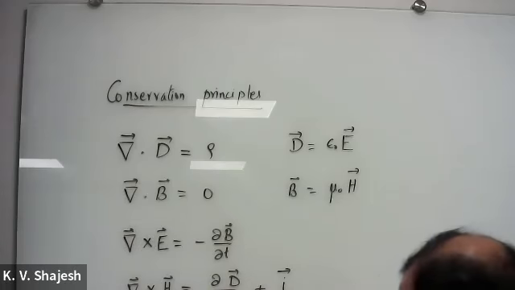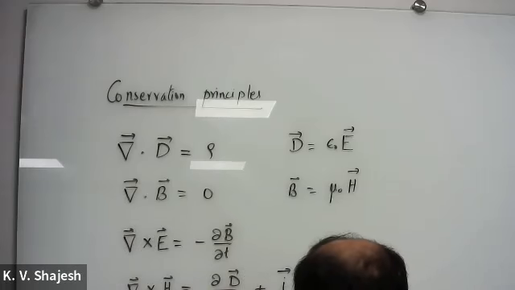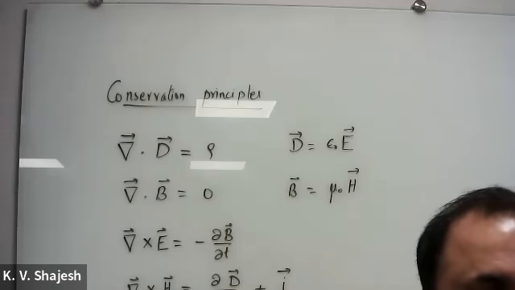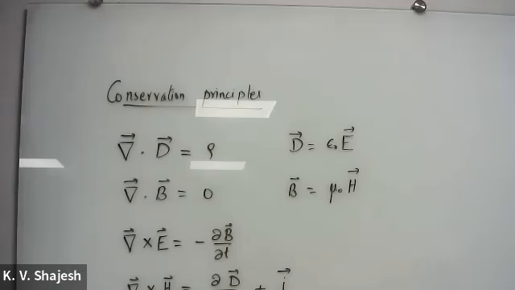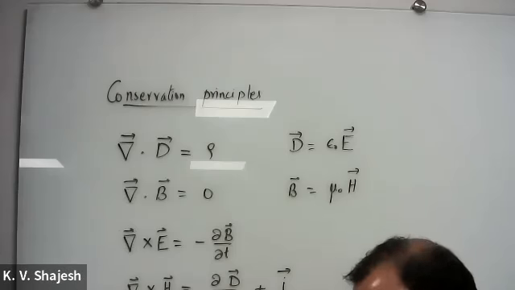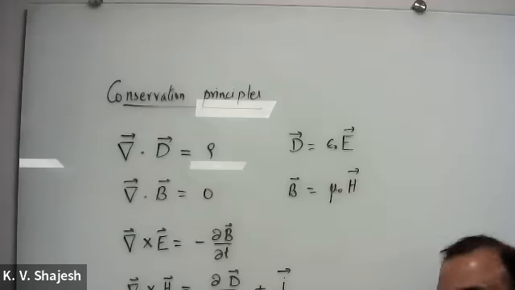Notice this 0 has this interpretation that there is no source: charge cannot be created or destroyed locally. Yeah, in the last class you discussed this with the fluid. Exactly, right. If you were to integrate this, the charge in a small volume is equal to how much charge is coming through the boundary plus whether it is created or destroyed.